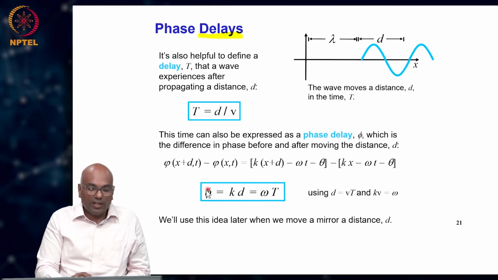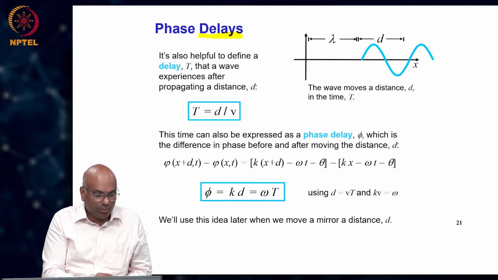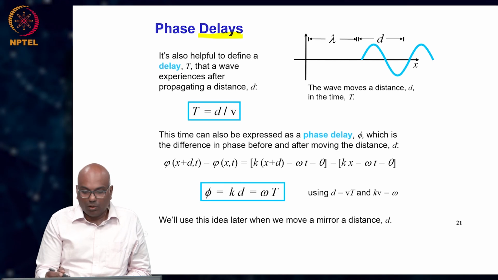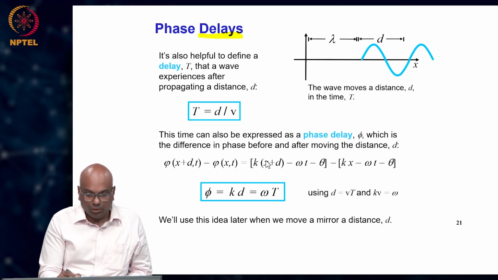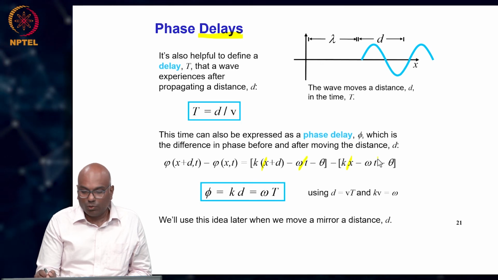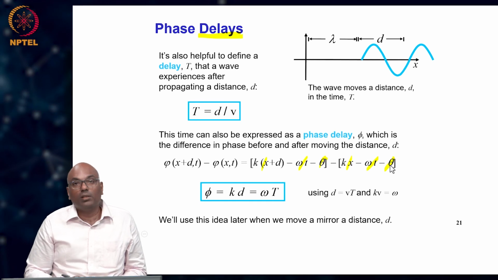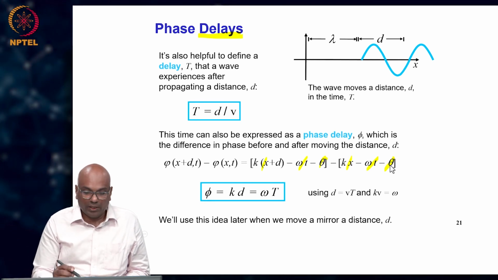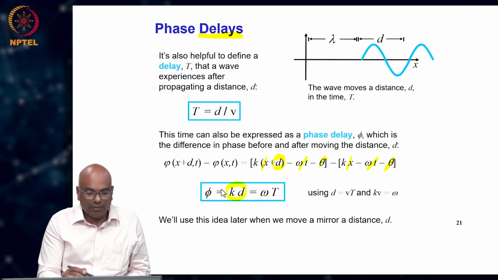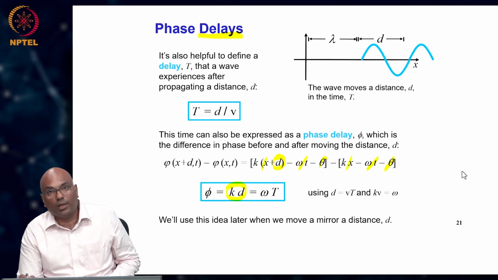Therefore, computing the phase delay turns out to be a very simple quantity. All we need to do is cancel out the two kx's, the two omega t's, and the two thetas from this difference, and what we are left with is just the factor kd. So the phase delay is phi equals kd.